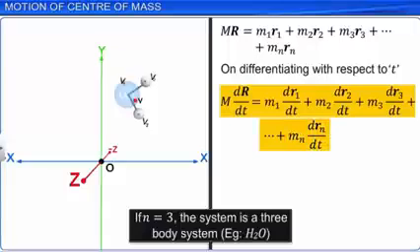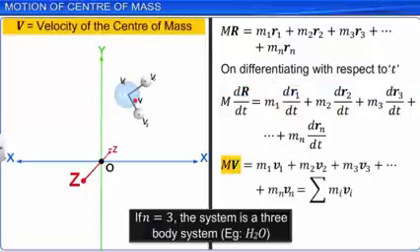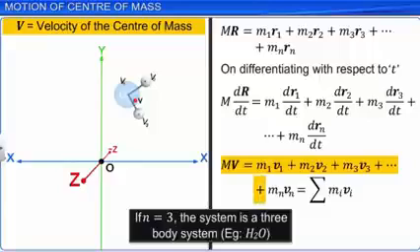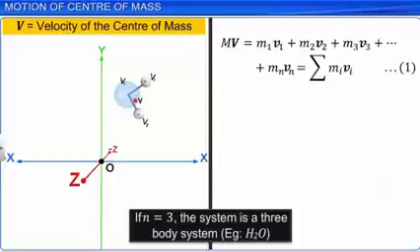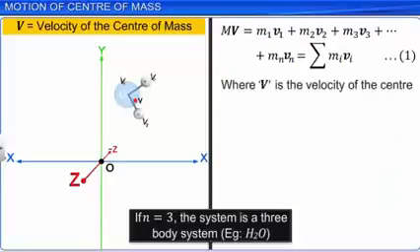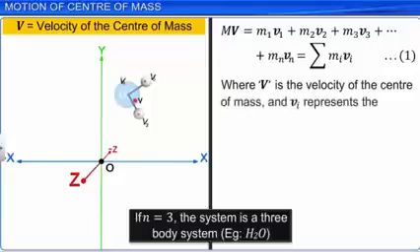MV is equal to m1 v1 plus m2 v2 plus m3 v3 and so on, plus mn vn, which is equal to sigma mi vi. Let this be equation 1, where V is the velocity of the center of mass and vi represents the velocity of the ith particle.